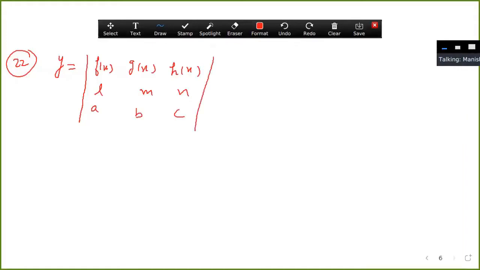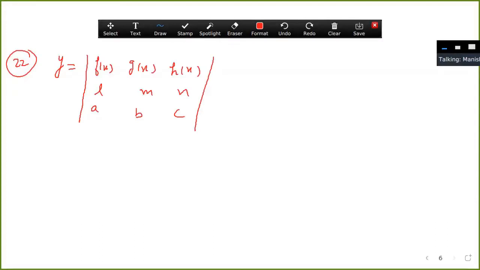Now, how to differentiate? You can differentiate the determinant by taking one row as u function, second v, and third w. If you are differentiating the first row, then the other two rows work as constants. If you are differentiating the second row, it means you are taking the others as constants.